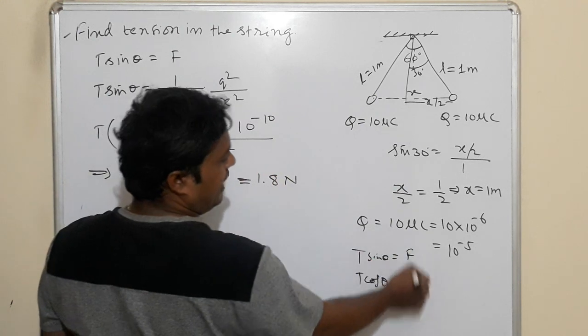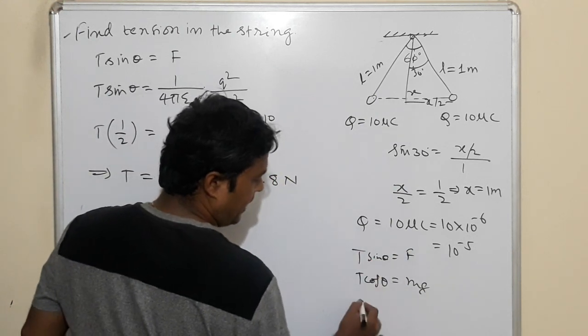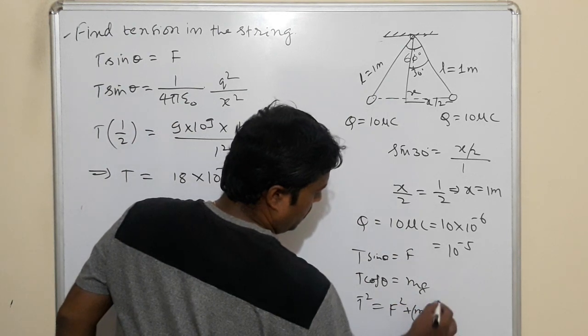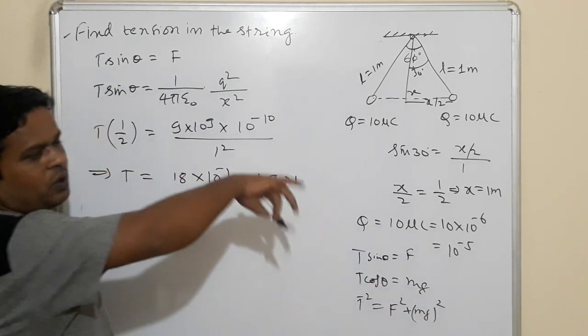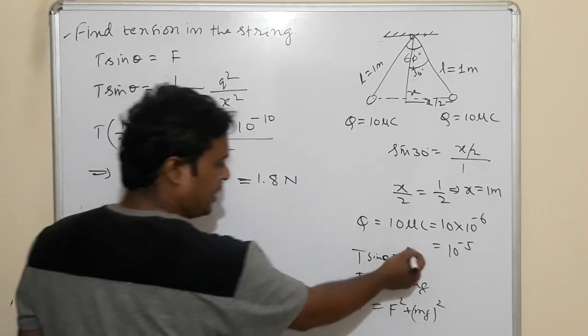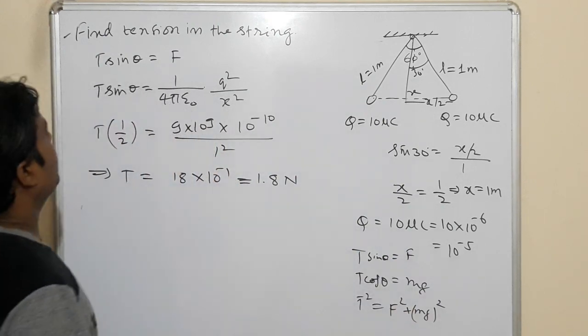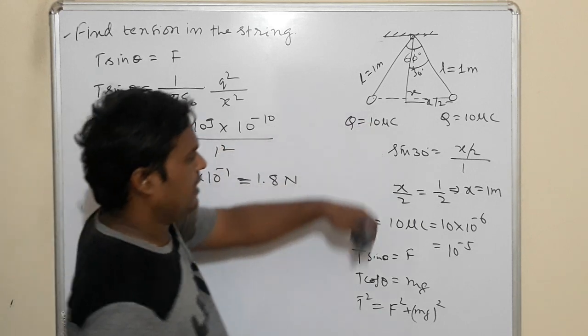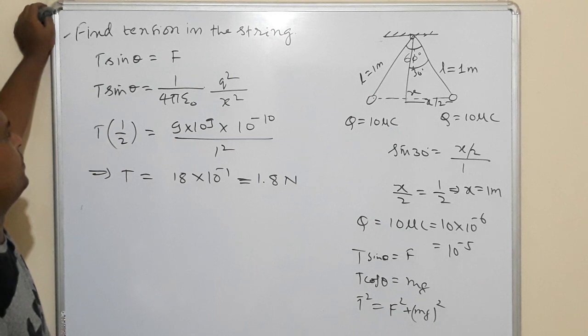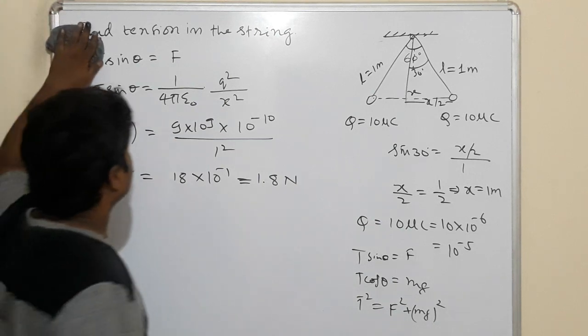Then squaring and adding these two equations, what will I get? T square is equal to F square plus mg whole square, so T is equal to root of F square plus mg square. If both are given, you can use this equation. Here only the force is given, x we have calculated, so we took this equation, T sin theta is equal to F. This is another example.